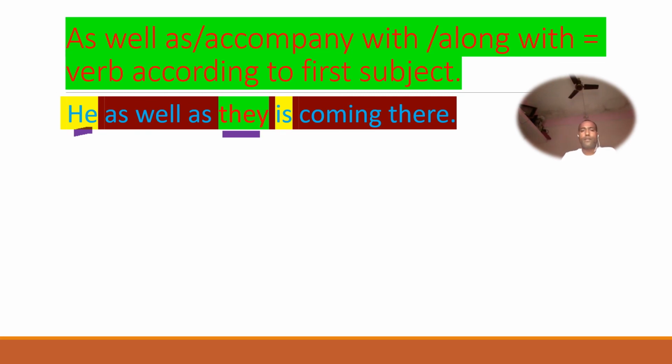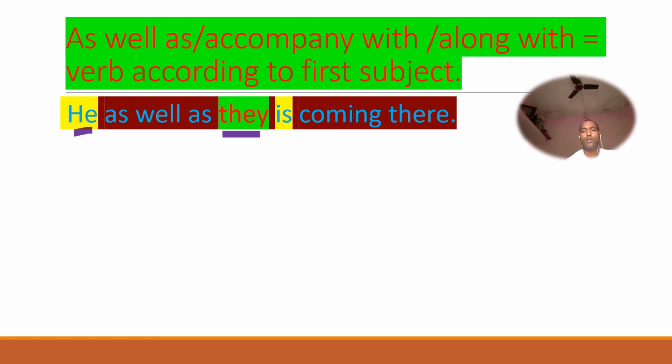He is also a subject, they is also a subject. So what is the rule? According to the first subject, right? So we use according to the first subject.